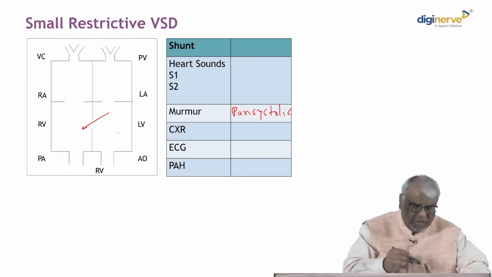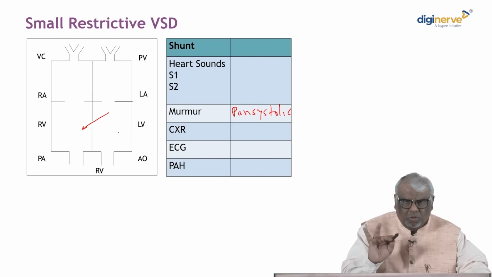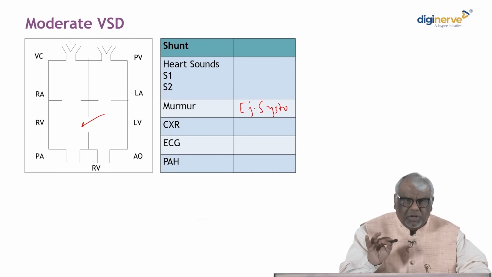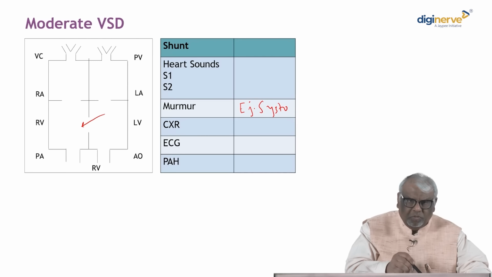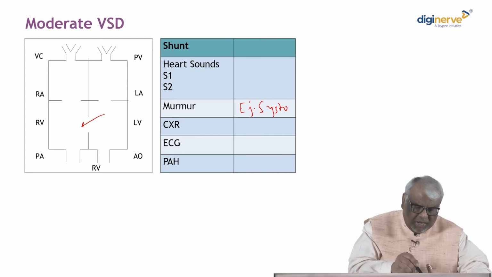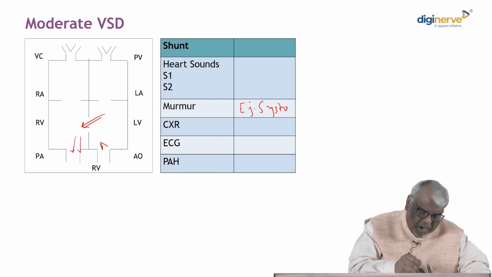Now, the second important difference: the aortic valve and the pulmonary valve close normally if it is a small restrictive VSD. However, in a moderate VSD, more of the blood flow goes from the left ventricle to the right ventricle. So, the aortic valve closes early and the pulmonary valve closes a bit late because there is more blood flow through the pulmonary artery.